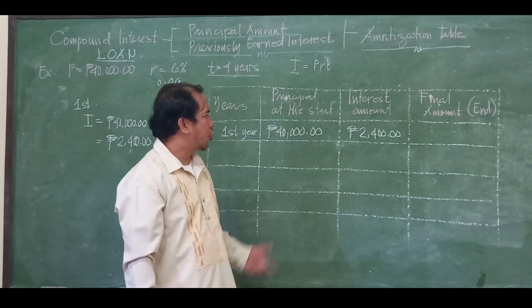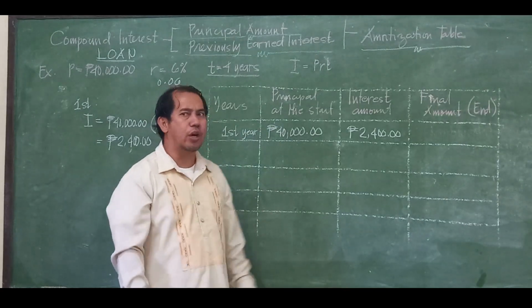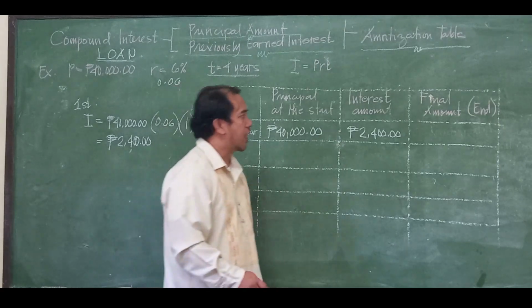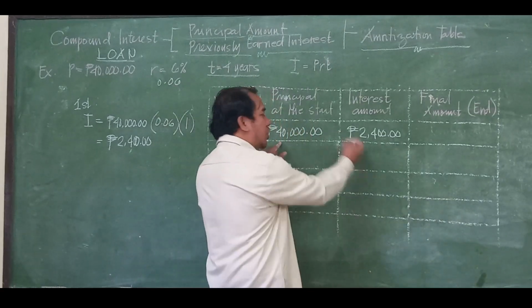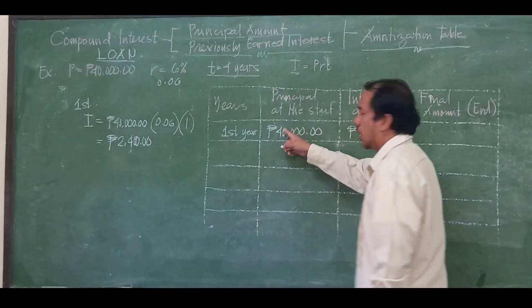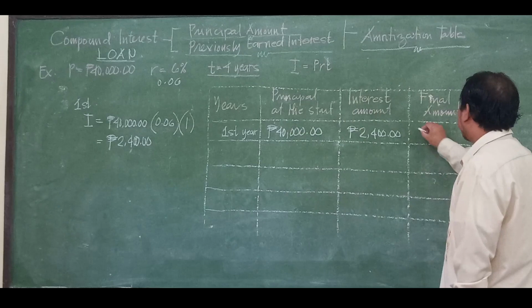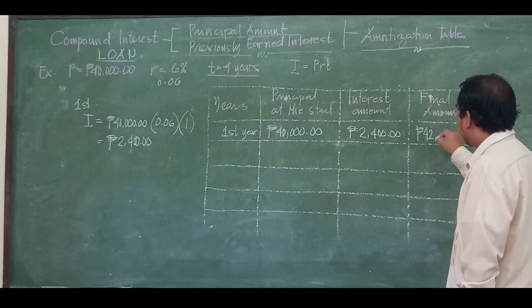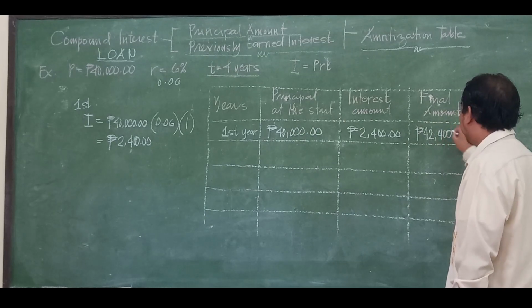Now, assuming that at the end of the first year, you are going to pay in full amount, what would be the final amount? You just add them. So that is the same as 42,400 pesos.